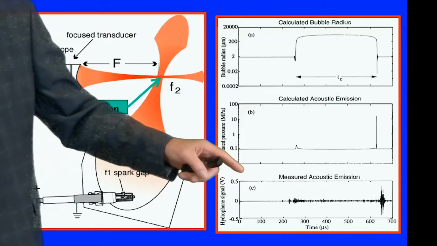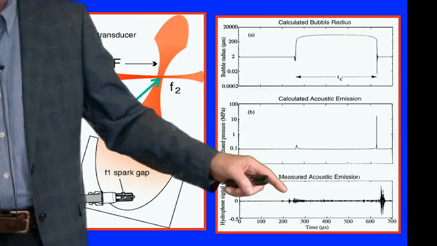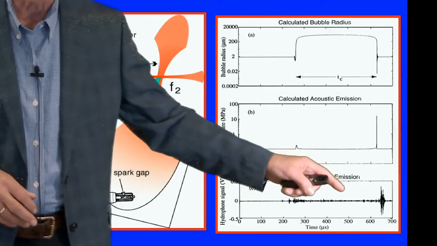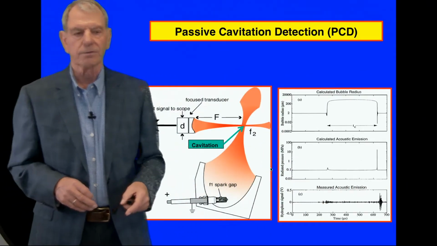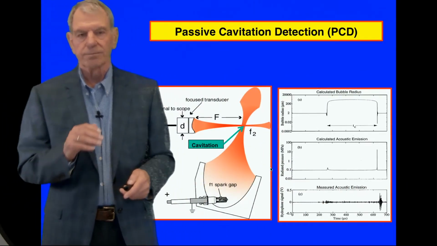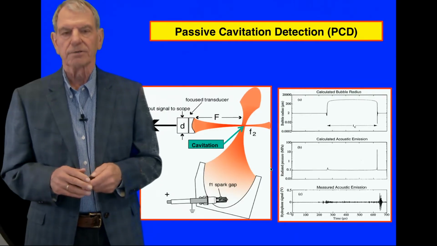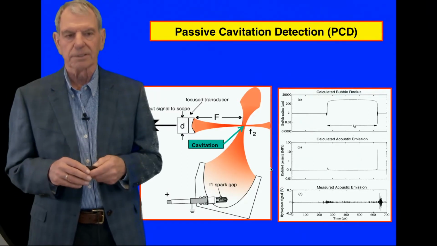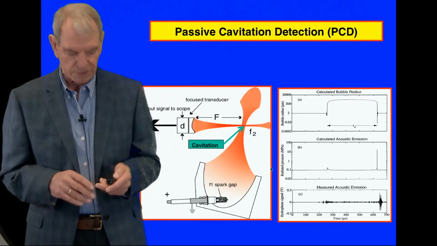And here is a measurement of a PCD, which shows that you get some sound emitted, as you had predicted, and a lot of sound emitted later, which you can measure. So passive cavitation detection is necessary whenever you have a cavitation possibility in a biological system, so that you know if you have cavitation or not.